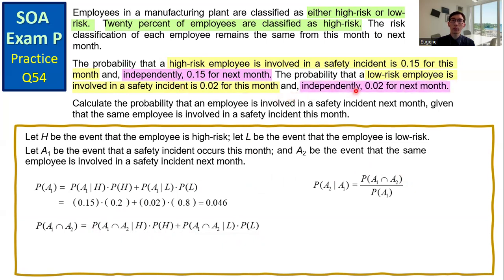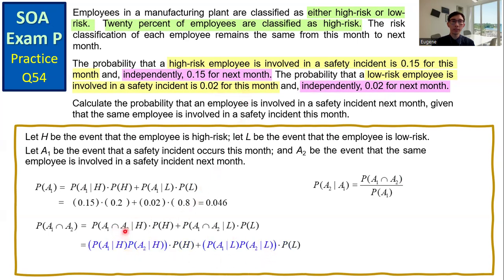And similarly, for the low-risk employee, the probability of having a safety incident is 0.02 next month, again independent of whether a safety incident happens this month. So we get this expression.